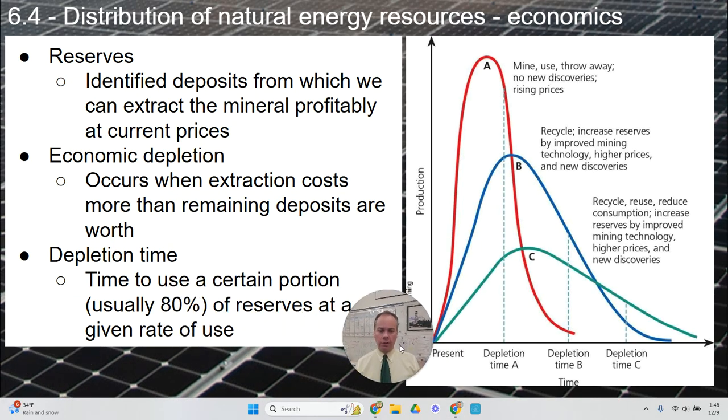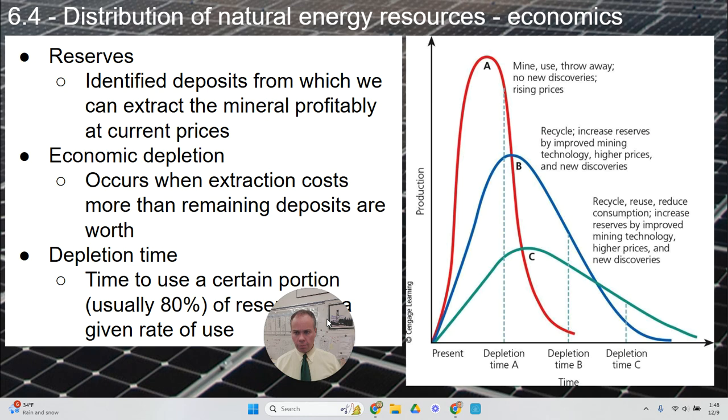And so when we're talking about these fossil fuels, we have some terms that we use when we're talking about the economics and availability of these resources. So the term reserves are the deposits that have been identified from which we can extract a material profitably at current prices. Okay?